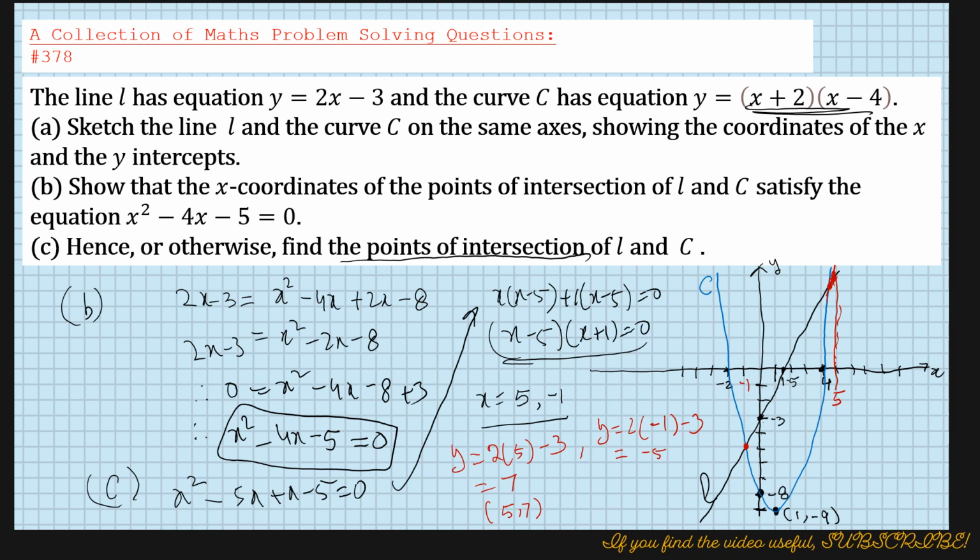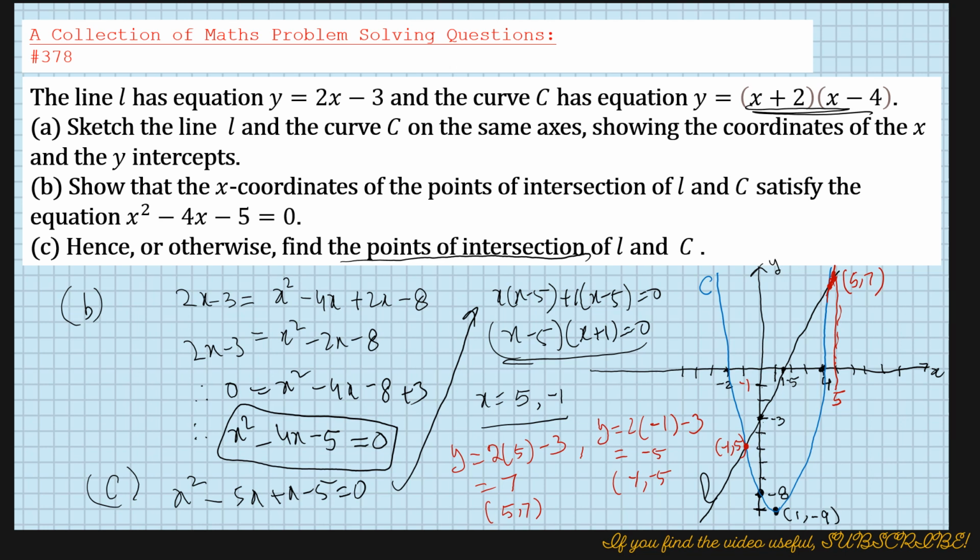So this would be 5, 7, and oh sorry, I was pointing to the wrong ones, but then this one would be minus 1, minus 5. Oh, this seems to be right. So minus 1, minus 5, and this is going to be 5, 7.